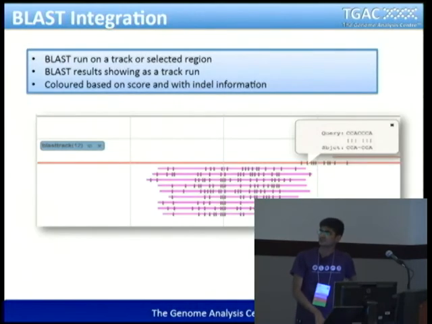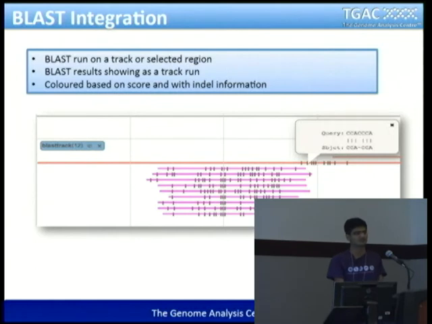Another thing about blast is that if you want to blast your gene against the database, you can just select the feature, like a gene, alignment or region, from the browser and click on the blast button. You get the blast result as a track, with colors based on the scoring system from the blast standard, and the blocks are the indels.